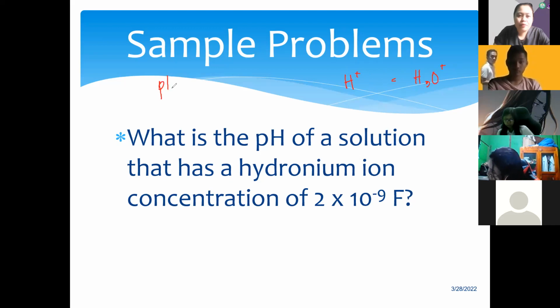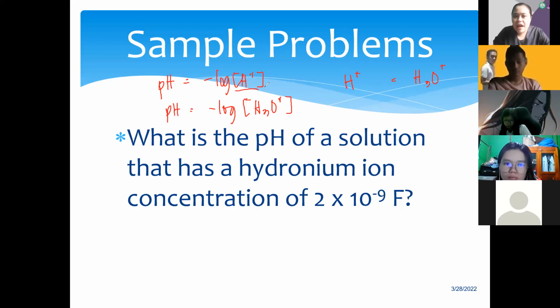Though our formula is pH is equal to the negative log of H, pwede pa rin naman siyang pH is the negative log of the hydronium ion concentration. So this is the hydrogen ion, this is the hydronium ion. Now again, we are going to compute for the pH. Now, this one is the concentration of the hydronium ion, 2 × 10⁻⁹ formal.